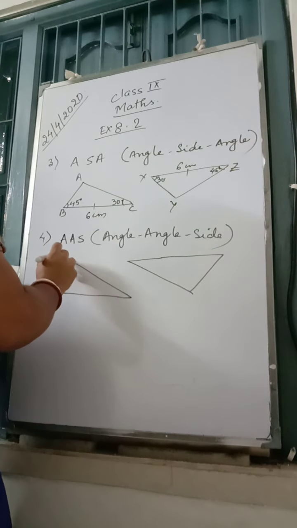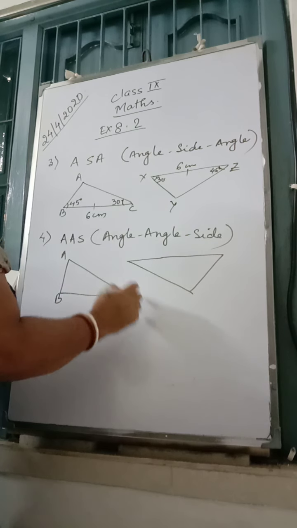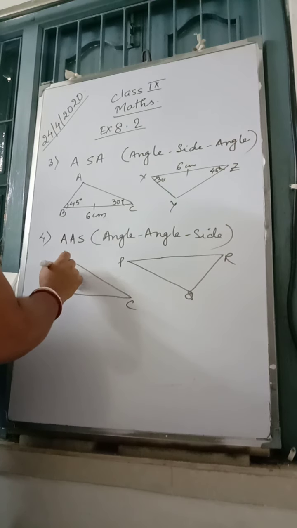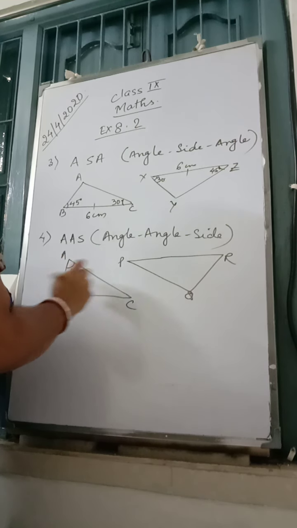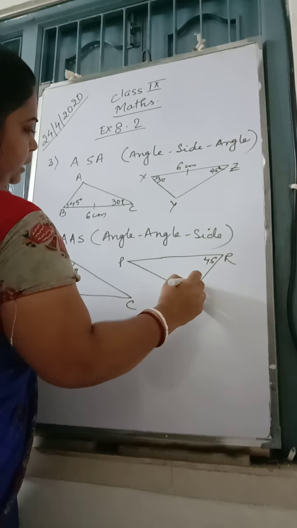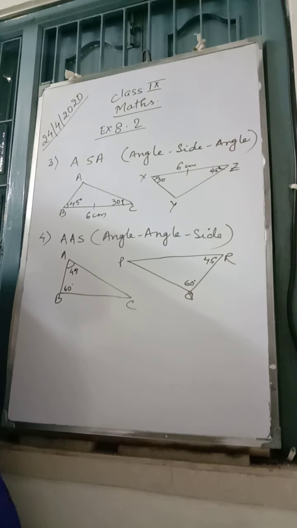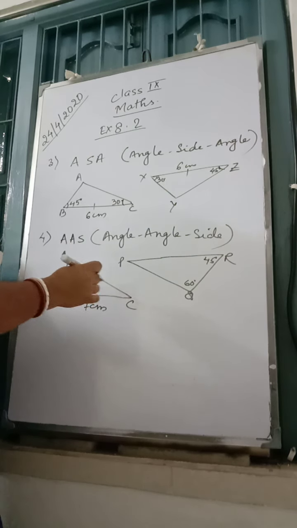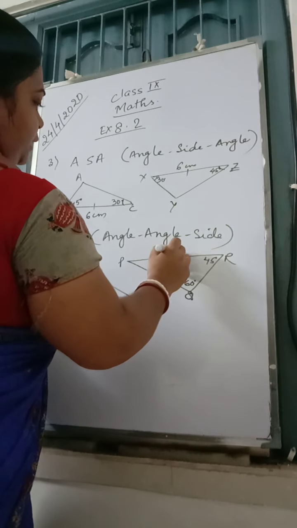Now for example A, B, C, P, Q, R. Now this angle is 45 degree, this angle is 60 degree. This is 45 degree and this is 60 degree. Clear? Now opposite to 45 degree, this is 7 centimeter, and here opposite to 60 degree, it is 7 centimeter.